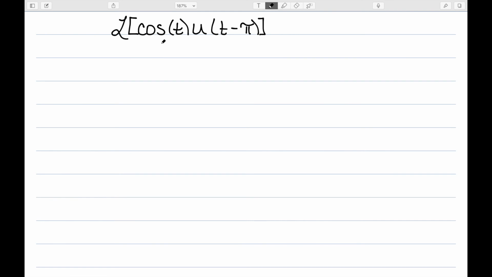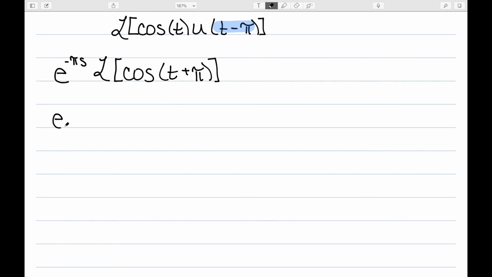This time I have cosine t times u of t minus pi. I only have the t minus pi, the shift in the u function. That tells me this is going to be e to the minus pi s times the transform of cosine of t plus pi.